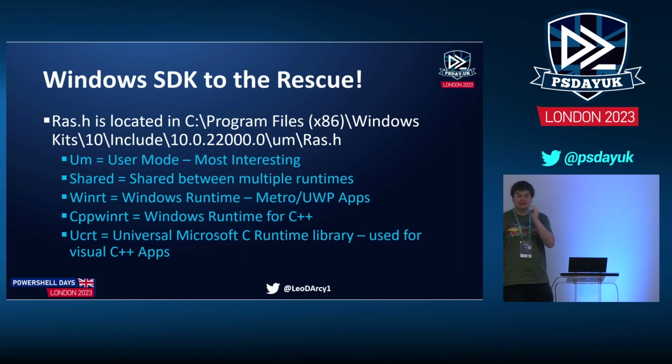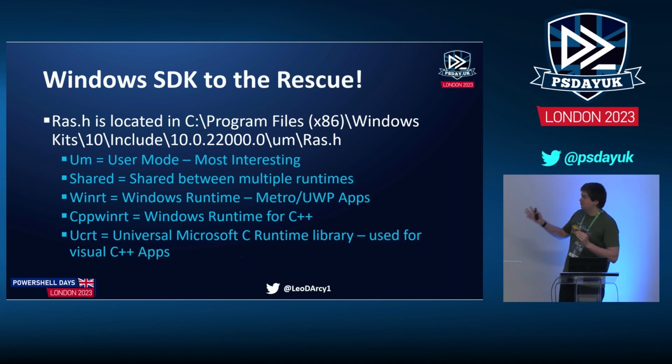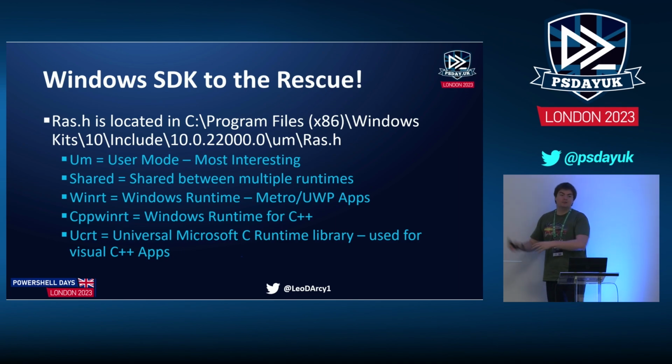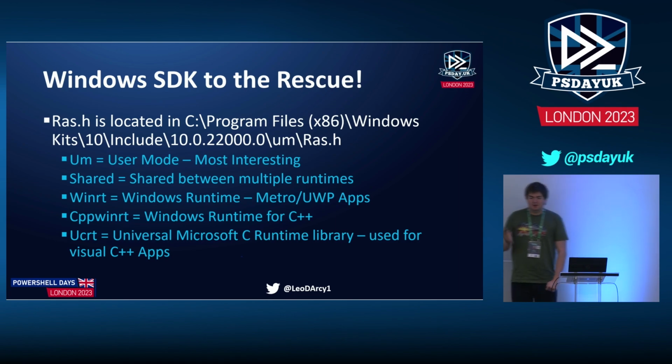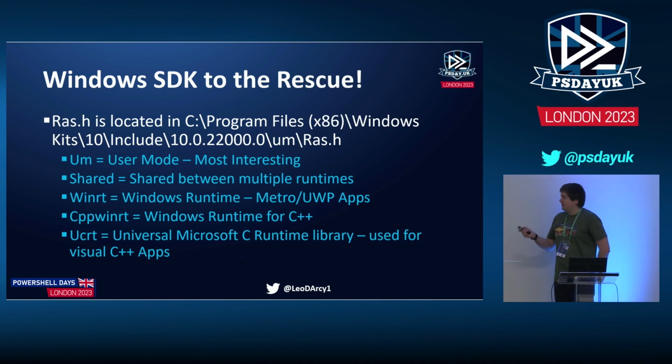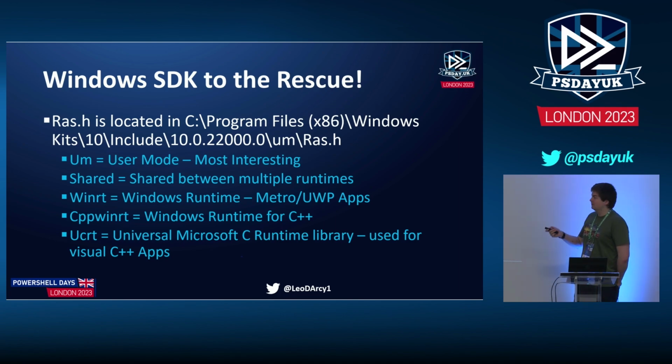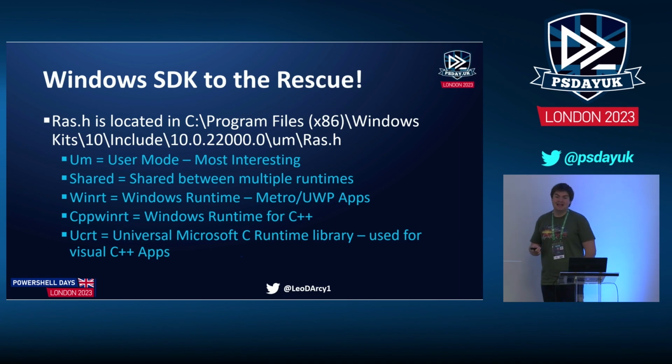It's about 60,000 of them or something. That's in shared rather than in user mode because it's also used by the Microsoft kernel stuff. And then there's a couple of other things relating to the universal runtimes, WinRT, etc. No one really deals with that stuff, so you generally don't want to be worrying about it. If you're going down the Win32 route, you're generally wanting the proper Win32 APIs anyway.